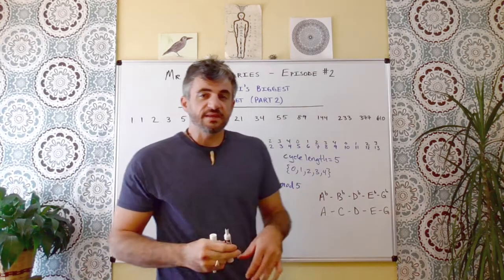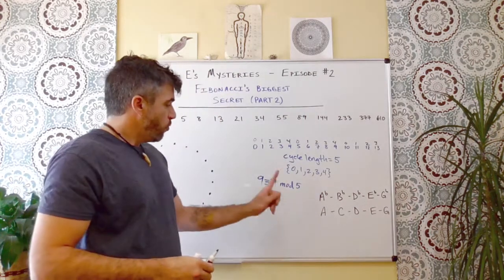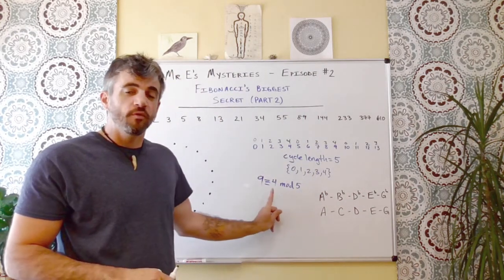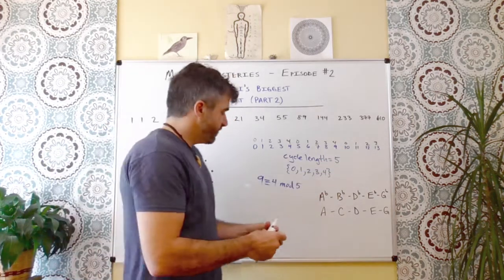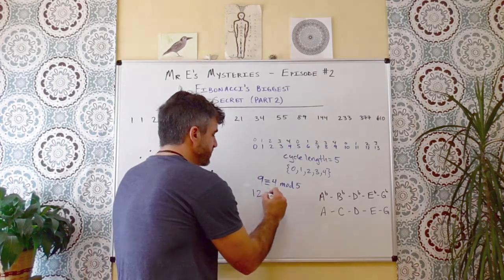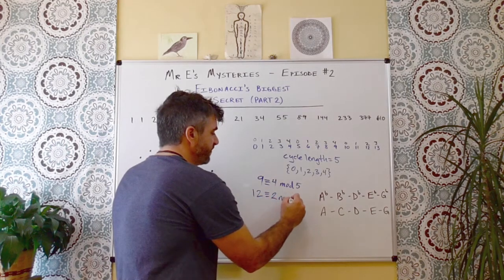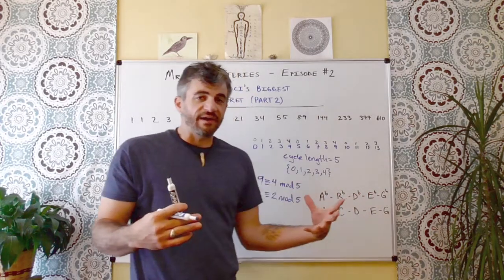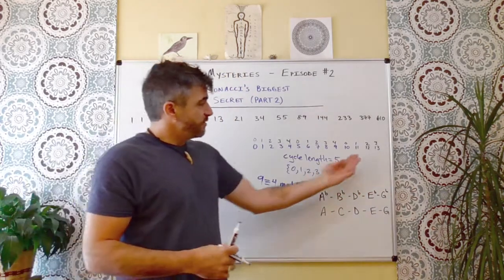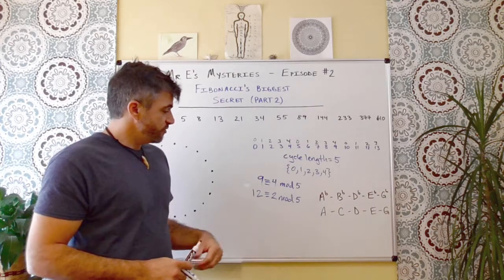And so we can see that 9 has only one whole group of 5 with 4 remaining, and thus 9 is congruent to 4. Looking further, we can see that 12 is congruent to 2 mod 5, because 12 has two whole groups of 5, 10, but then 2 remaining, so 12 is 2 mod 5.